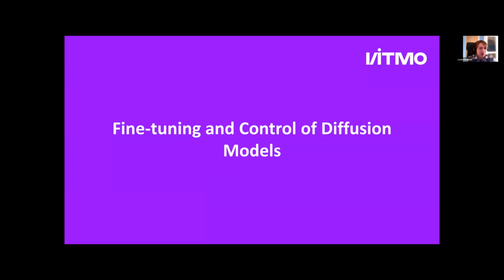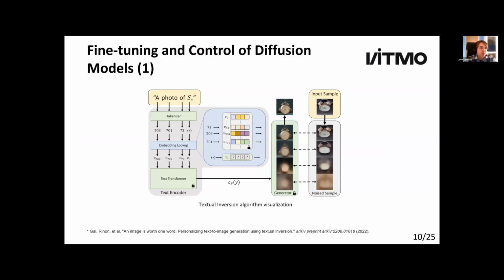So what can we do with diffusion models? What solutions for diffusion models exist? We can fine-tune a diffusion model with two methods. There is the textual inversion algorithm, for example, where we just fine-tune the model with just a token.